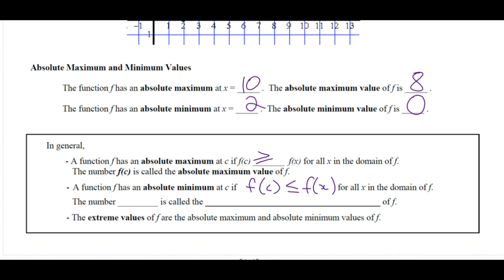In other words, it's the smallest value possible. The number f of c is called the absolute minimum value of f.